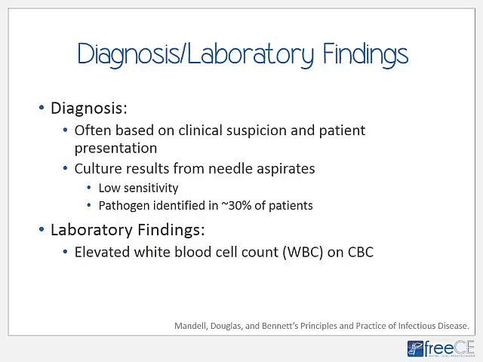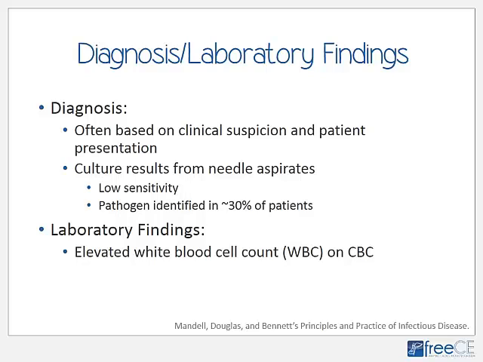In terms of diagnosis, it's really based on clinical suspicion and the patient presentation. We don't really get cultures, and the reason for this is that there's a very low sensitivity associated with them. A pathogen is identified in only about 30% of patients.